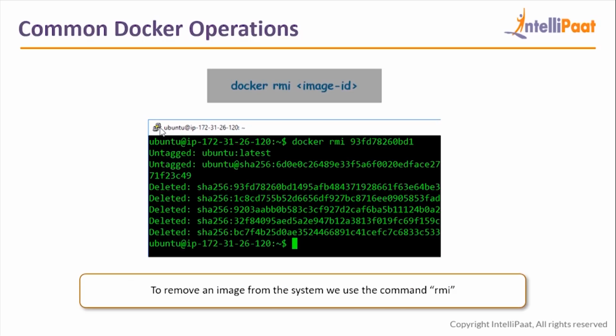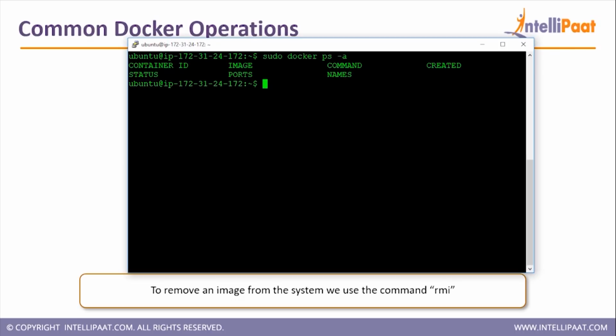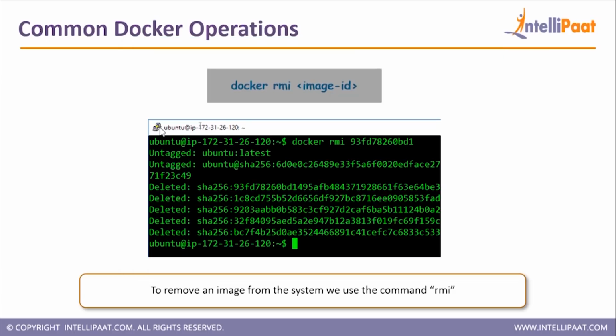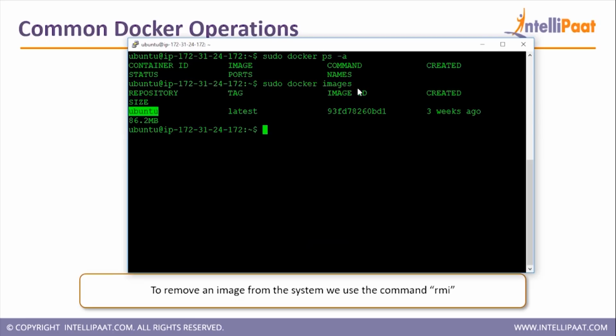All right. Moving forward, now what to do when you have to remove an image? Now you guys know we already have an image in our Docker system, which is this. We have the Ubuntu image. Now if you want to remove this image from the system, the command for that is docker rmi and then the image id. And this would remove the image from your system. So if I want to remove this, all I have to do is type in sudo docker rm.